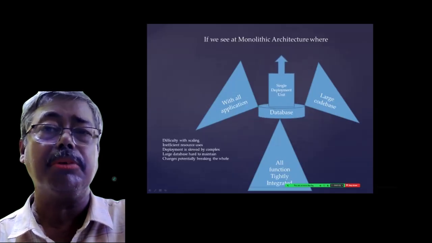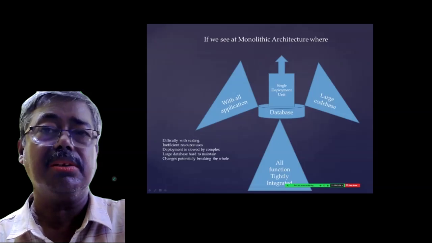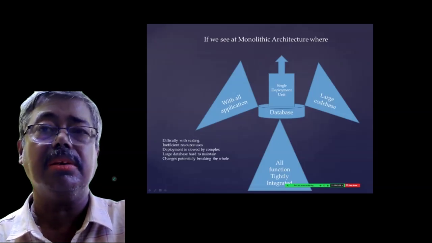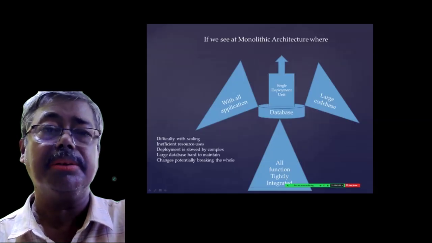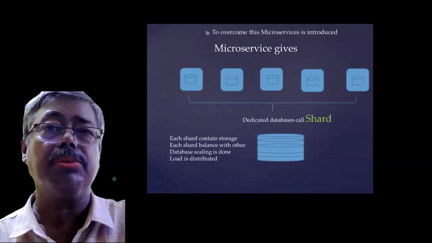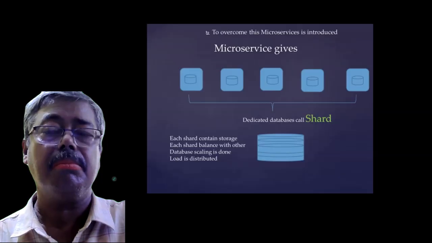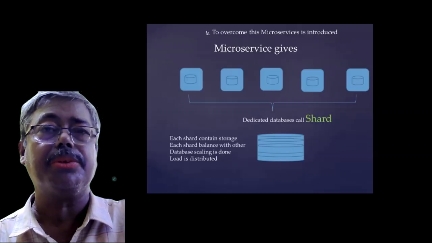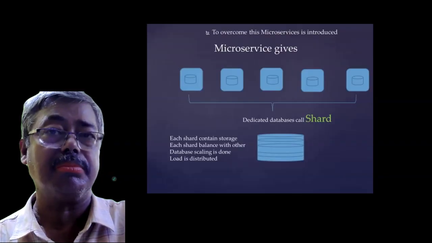But in this monolithic architecture, the limitations are overcome by the newly introduced sharding technique or microservice. In this microservice, the database is split and also shifted to remote locations.